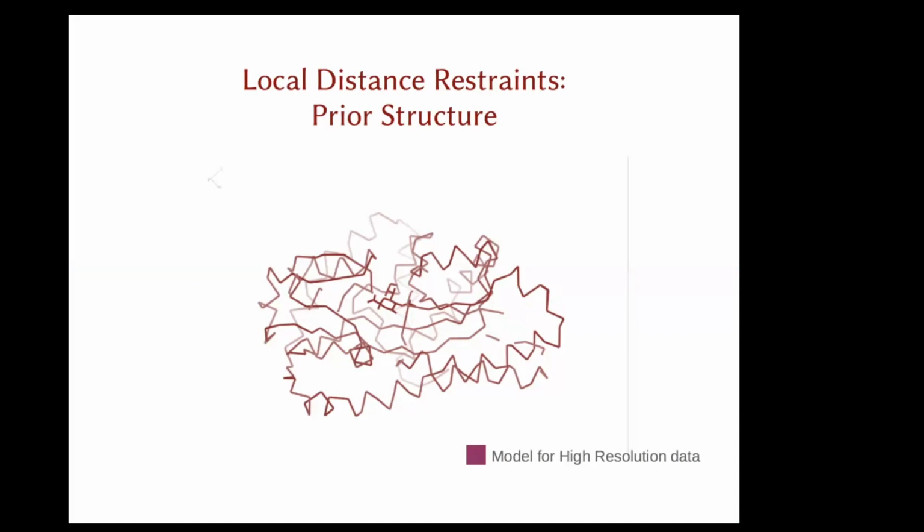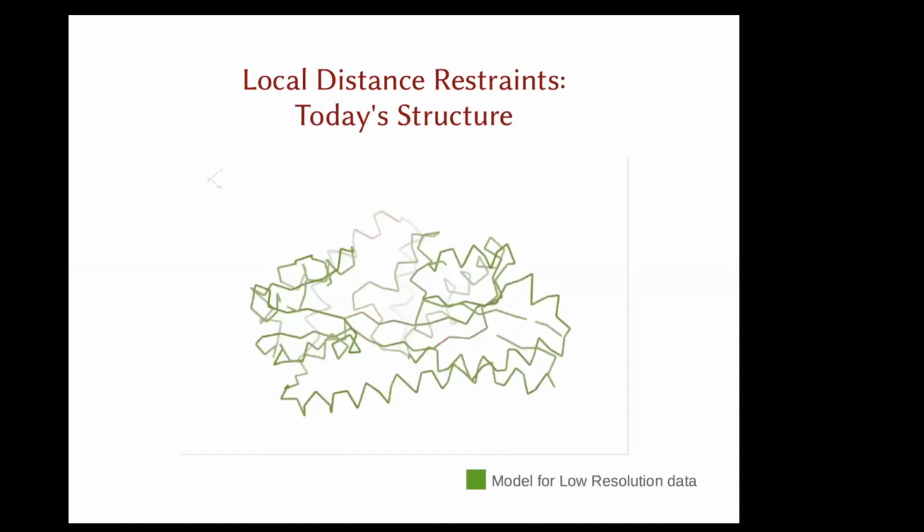The idea in this case is to use a high resolution reference structure and use the local environments there to inform the refinement of today's structure, which is the apo form. It doesn't have the ligand bound, it's lower resolution, more flexible.